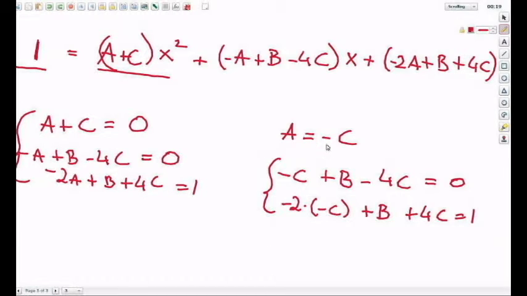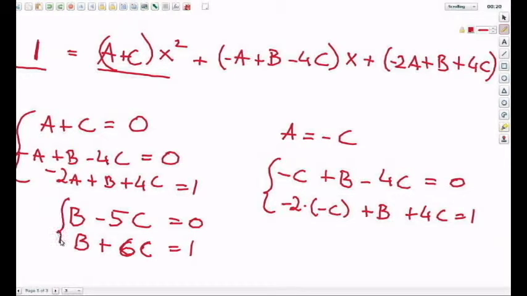So I use basically the substitution method to convert my 3 equations and 3 unknowns into 2 equations and 2 unknowns. And so, let's see, I end up with b minus 5c equals 0. And in the bottom, I have 2c plus 4c. That makes this b plus 6c should add up to 1.